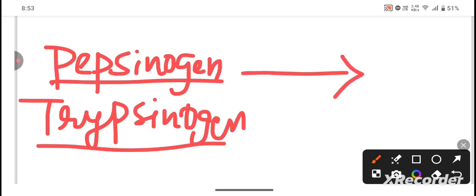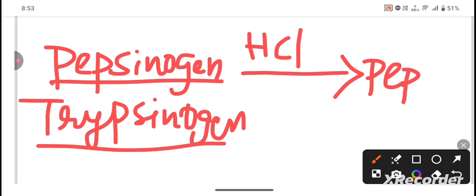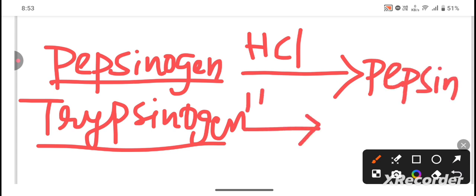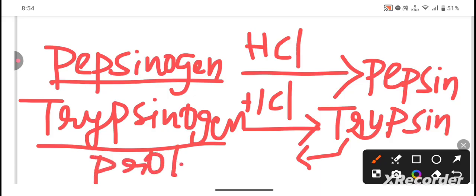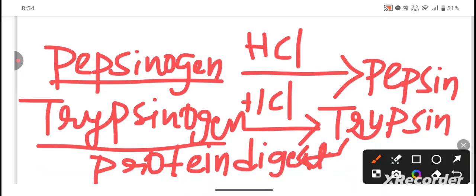So HCl activates pepsinogen into pepsin and trypsinogen into trypsin. This is the mechanism, and this pepsin and trypsin serve the purpose of protein digestion. Whatever protein is present in the food will be digested by these enzymes.